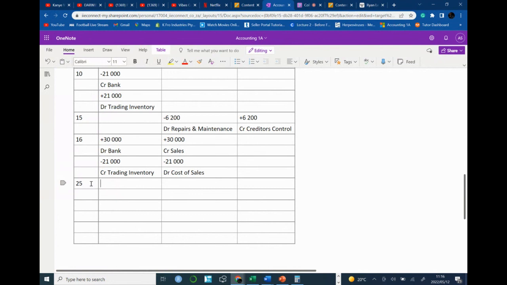So this is going to decrease our bank, and we know this is an expense, so it's going to affect equity, and this will obviously be debiting.